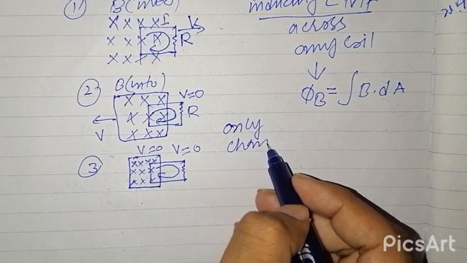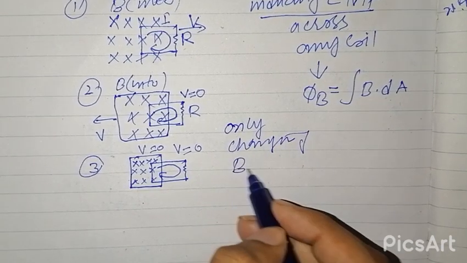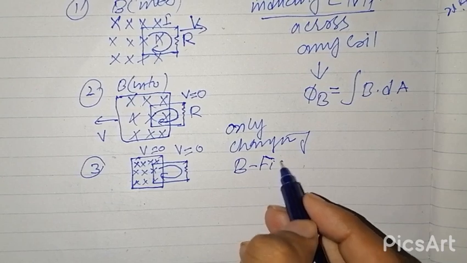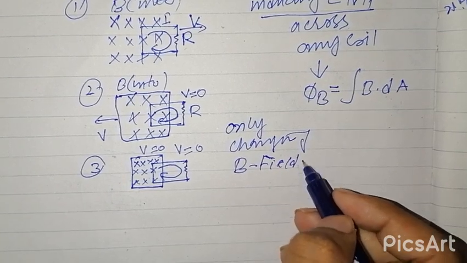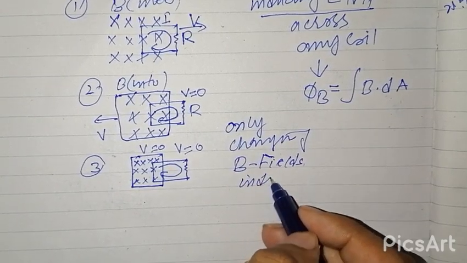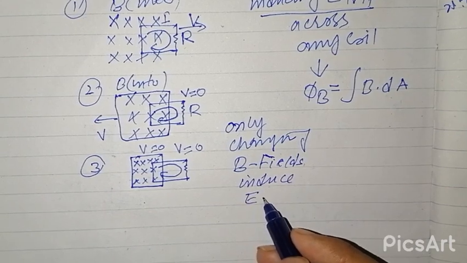only changing B fields, or magnetic fields, induce EMF.